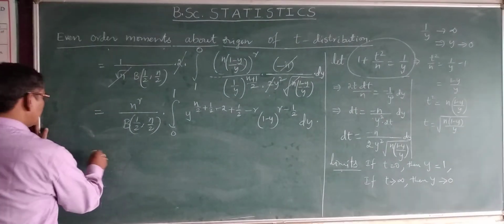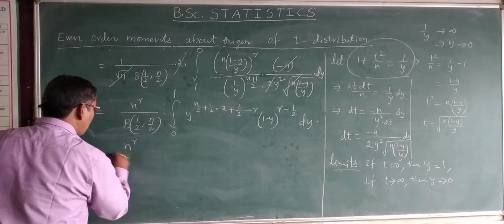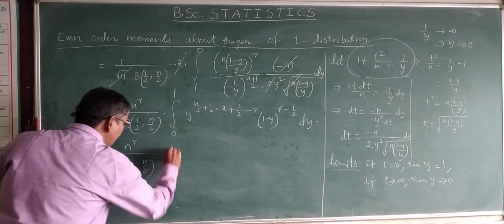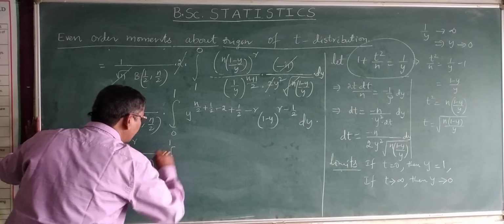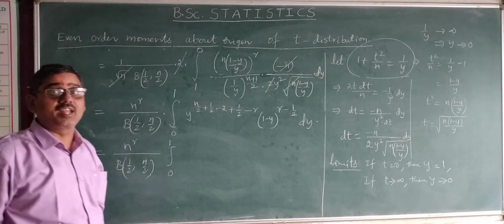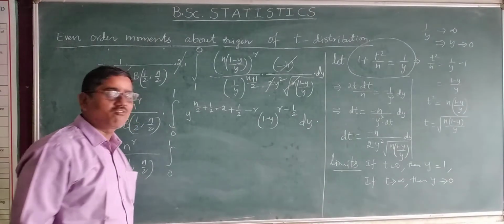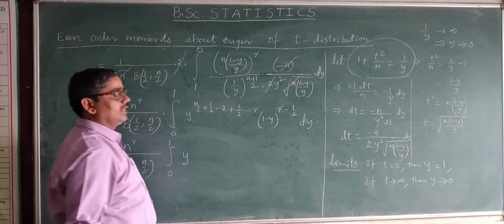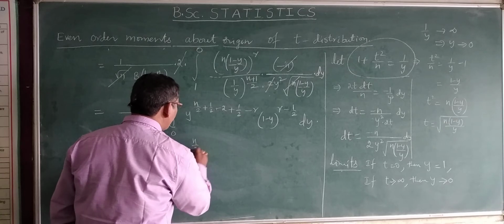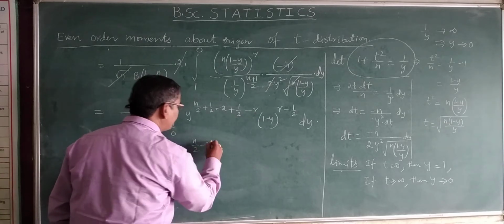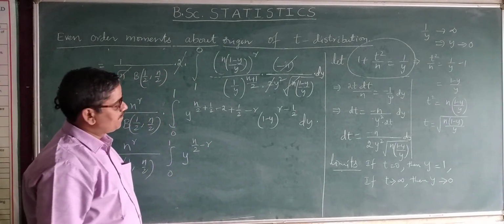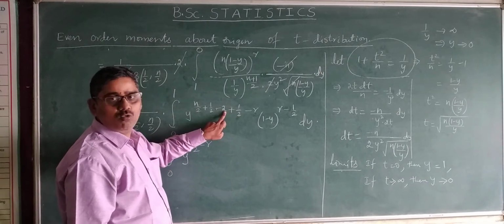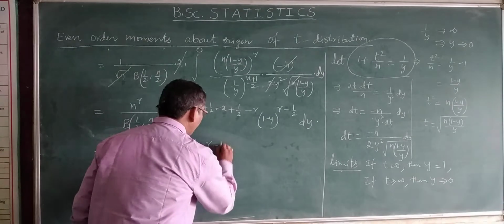Right? So now this is equivalent to n power r divided by beta of 1 by 2, n by 2, multiplied by integral 0 to 1. Which distribution is it? Beta distribution of first kind. So hence y power is going to be represented as n by 2 minus r. I am taking minus r here, and 1 by 2 plus 1 by 2 minus 2, it's minus 1.